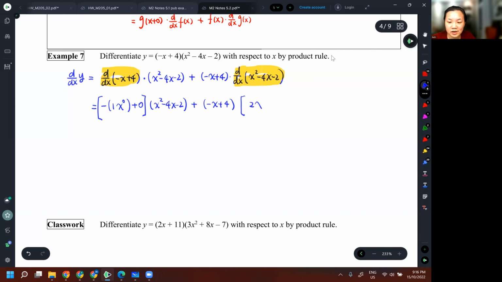This one is 2x to the 1 minus 4 times 1x to the 0 plus 0, or minus 0, sorry. But the same. So you get negative 1 times x squared minus 4x minus 2, plus negative x plus 4 and then 2x minus 4, close bracket.